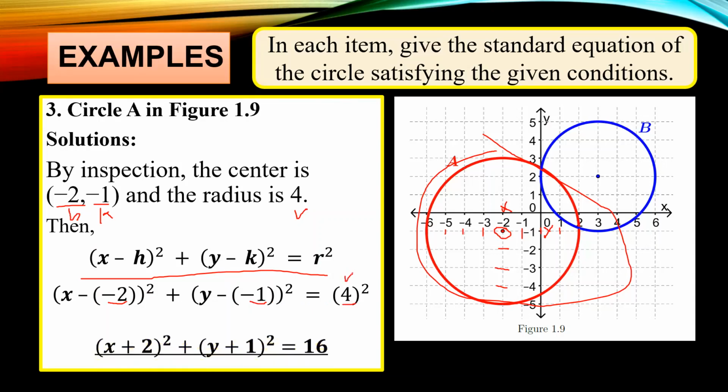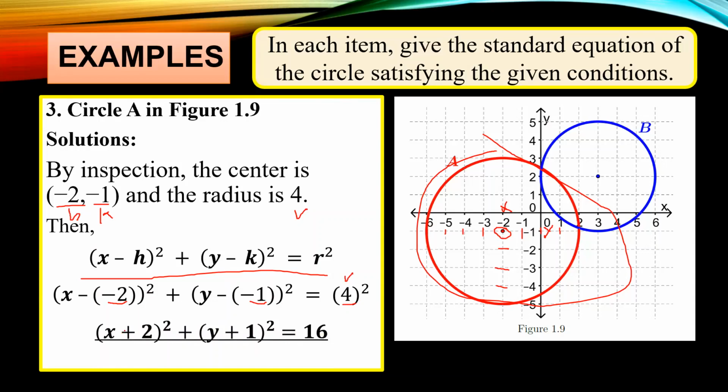So we have x plus 2, that is -1 times -2, which is +2. Therefore, we have x plus 2 squared plus y plus 1. Y plus 1, -1 times -1, that is +1. So that is y plus 1 squared is equal to 16. Why 16? 4 times 4, or 4 squared, that is 16.